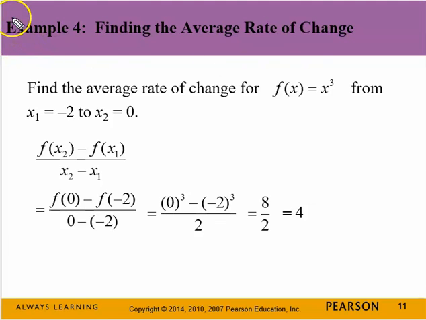So for example 4 now, find the average rate of change. And here is our function. And they're giving you values. There's x sub 1. There's x sub 2. So we're going to subtract x sub 2, which we're going to cube, from x sub 1, which we're also going to cube.